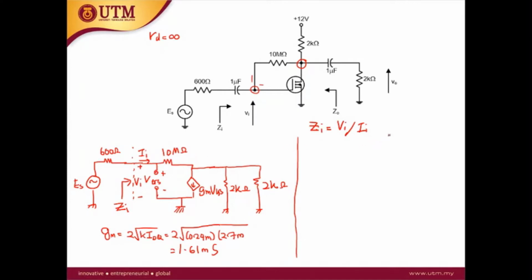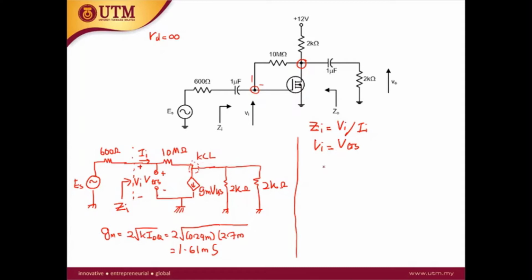Okay, so we know that VI is equal to VGS. How about II? II can be defined by writing the KCL equation at this point.